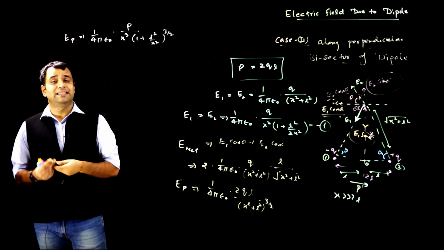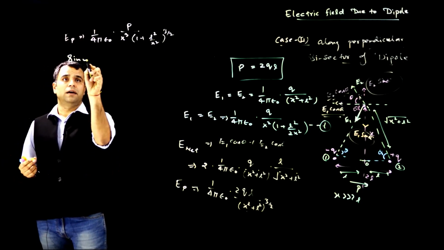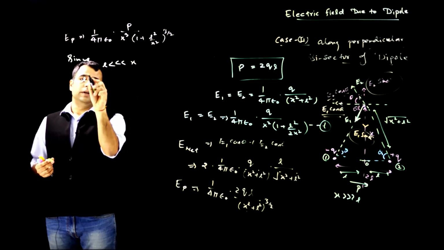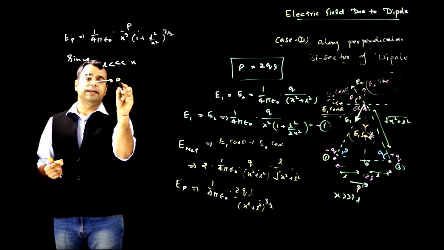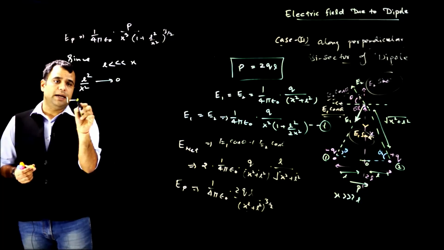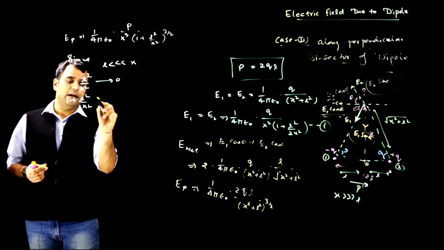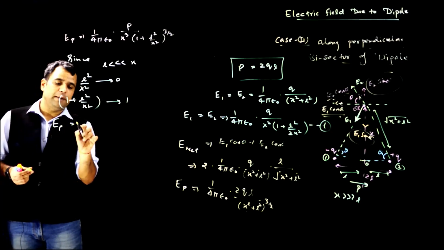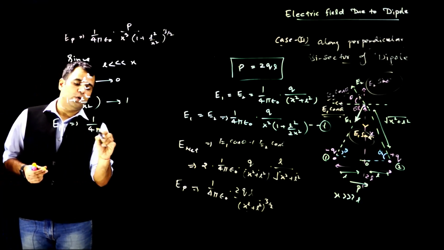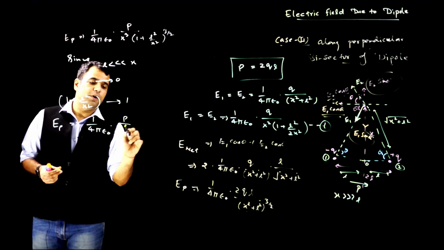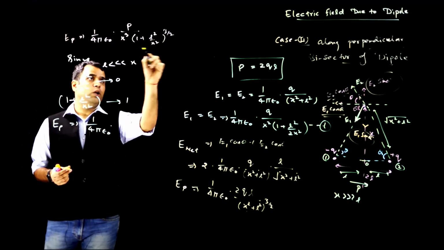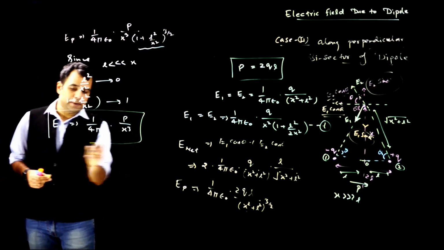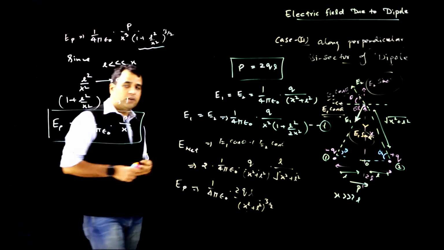Now you see, since L is very small compared to x, L square upon x square tends towards 0. Based on that, 1 plus L square upon x square tends towards 1. So the net electric field at point P will become 1 upon 4 pi epsilon naught P upon x cube. This whole value will become 1. So this is the magnitude of the net electric field at point P.